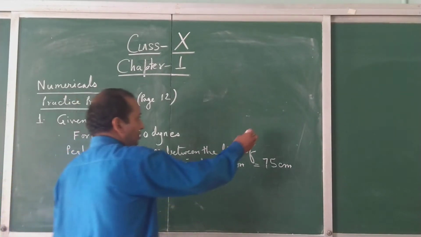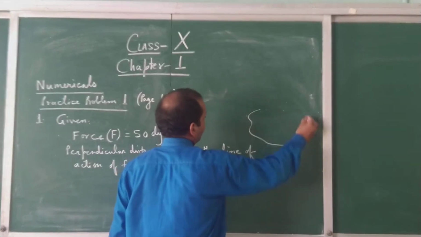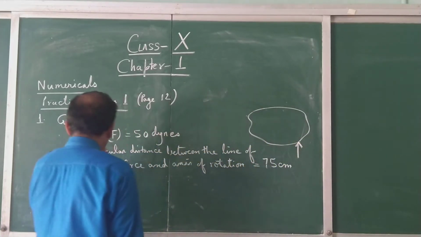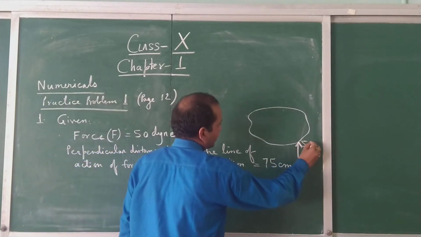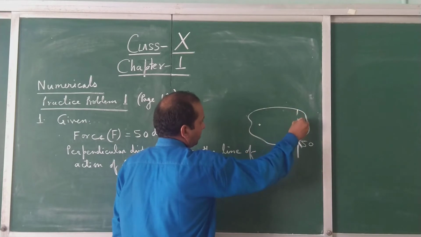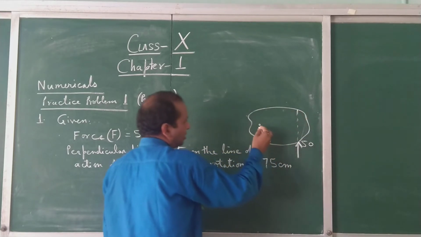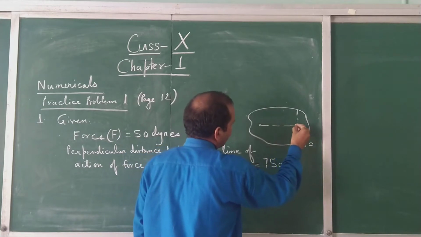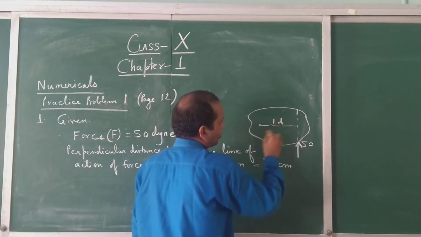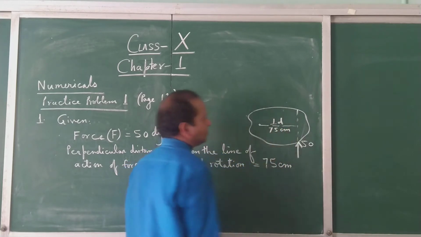If I show you with a diagram drawn here, a force of 50 times is applied here, and the perpendicular distance is not to the point of application, but between the line of action of force and the axis of rotation, which is given as 75 centimeter.